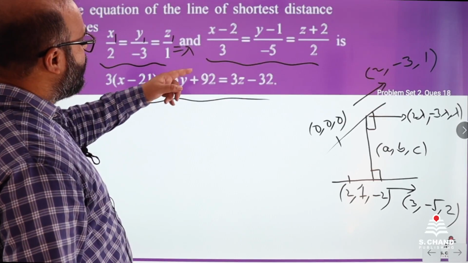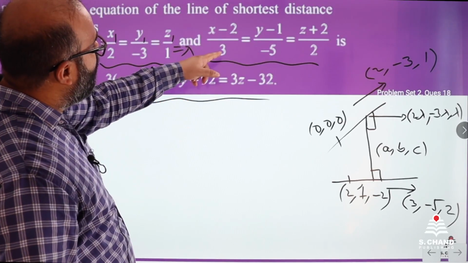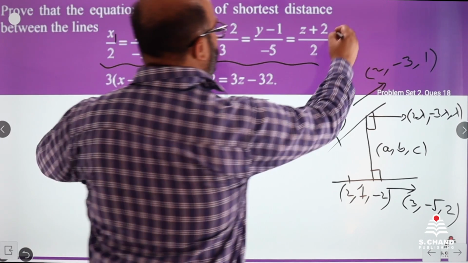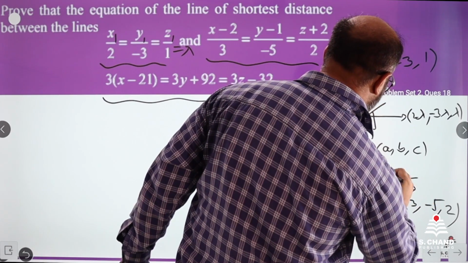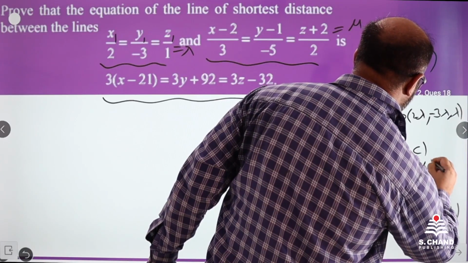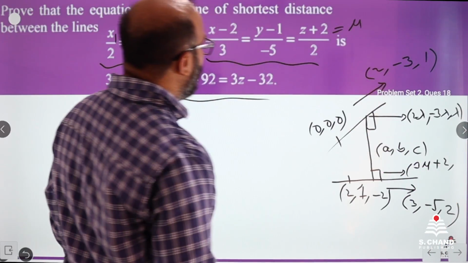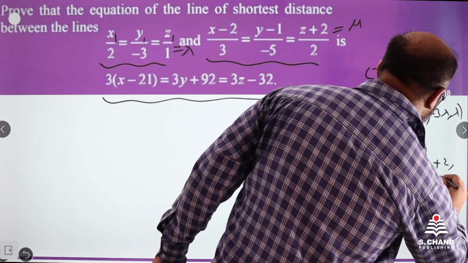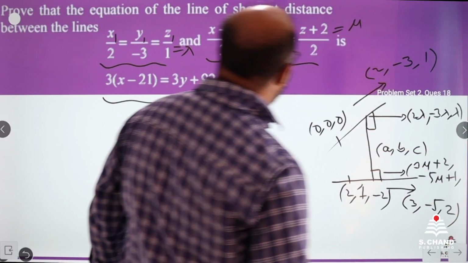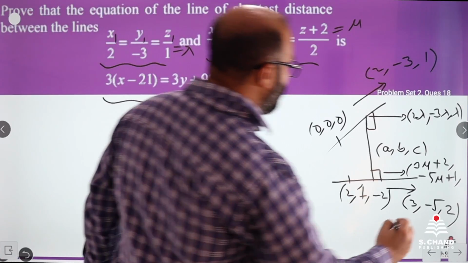And if you talk about the foot of the perpendicular on the other line, suppose it is 3 mu plus 2, then minus 5 mu plus 1, and then 2 mu minus 2.